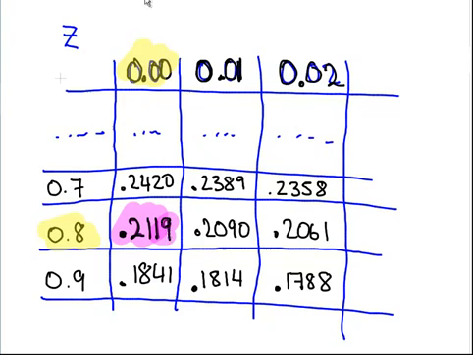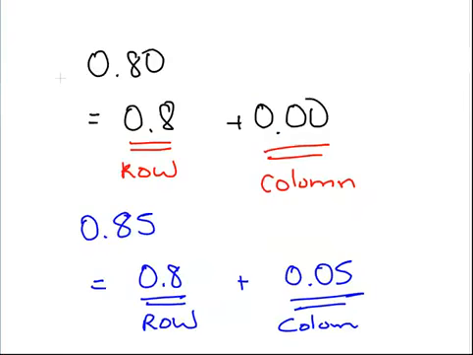For the other question, the z-score was 0.9, so the probability we're looking for is the one just below it. For 1.2, a couple of rows below, you would get 0.1151.